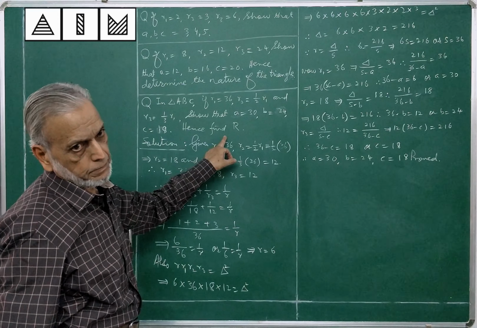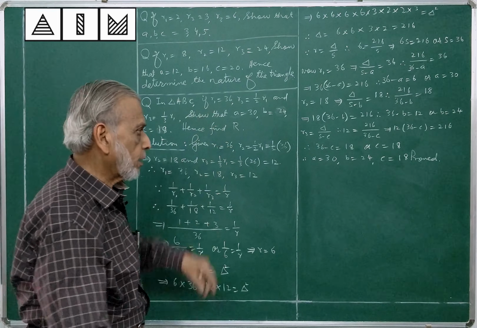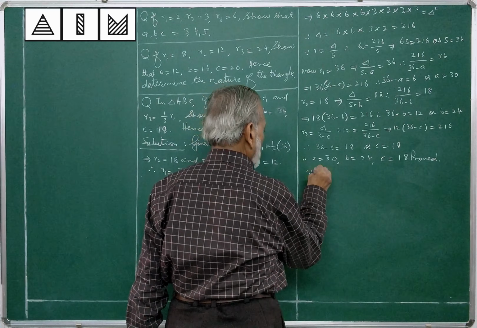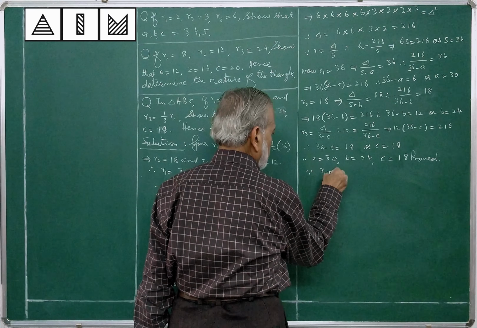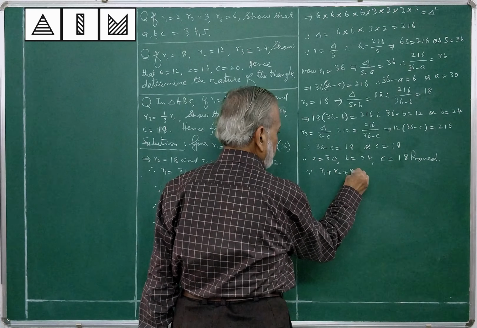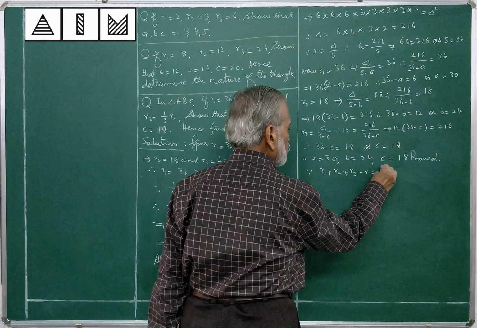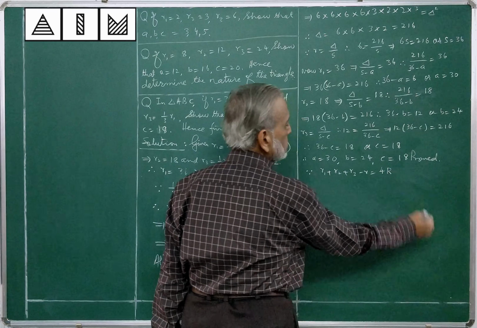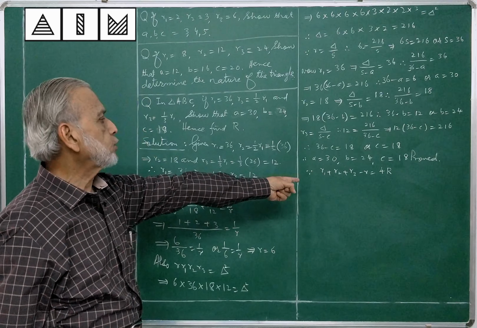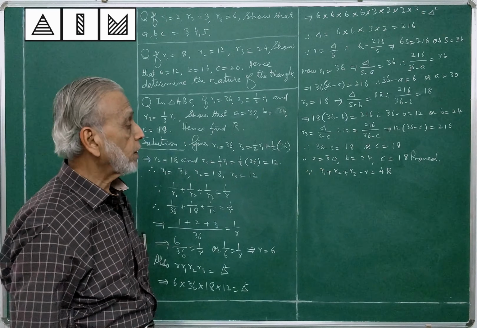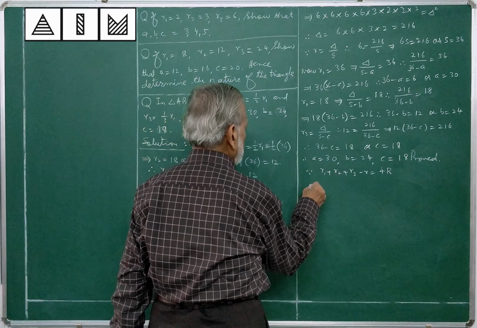Find R. Look here. We have a formula R1 plus R2 plus R3 minus R is equal to 4R. You know all, please substitute.